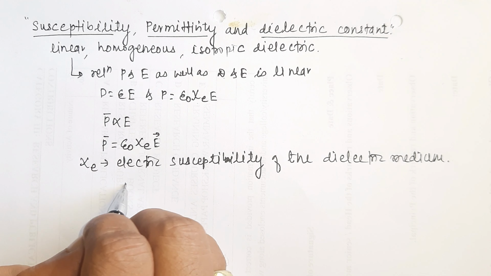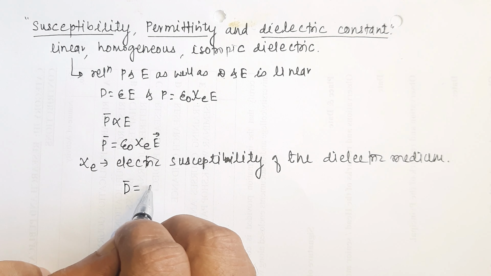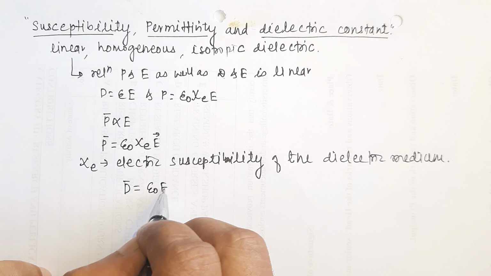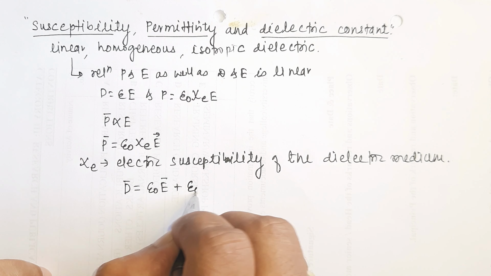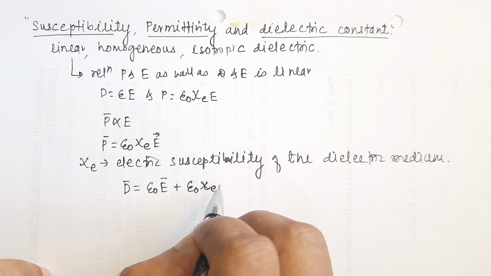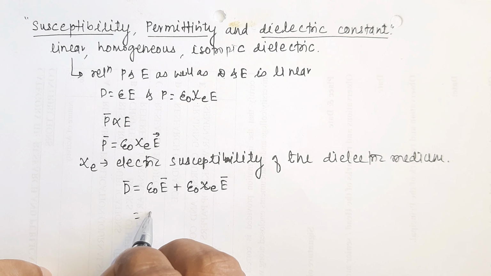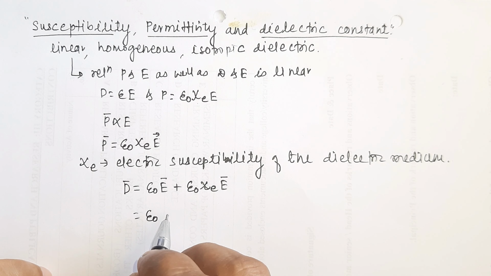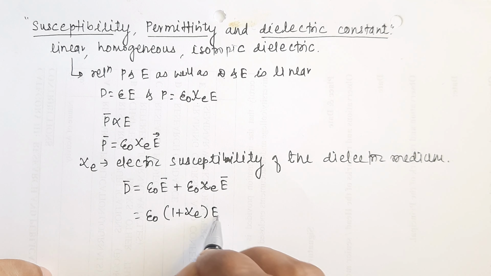D bar is equal to epsilon naught E bar plus P bar, which is epsilon naught into chi E into E bar. So D bar is epsilon 0 into 1 plus chi e into E bar.